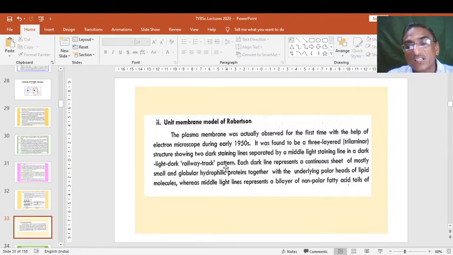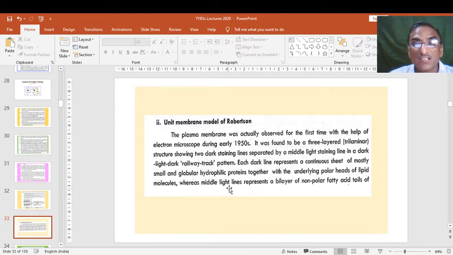So like the sandwich model, the unit membrane model is arranged in the cell. Each dark line represents a continuous sheet of mostly small, globular hydrophilic proteins together with the underlying polar heads of lipid molecules. So it depends on the working of the particular molecule.